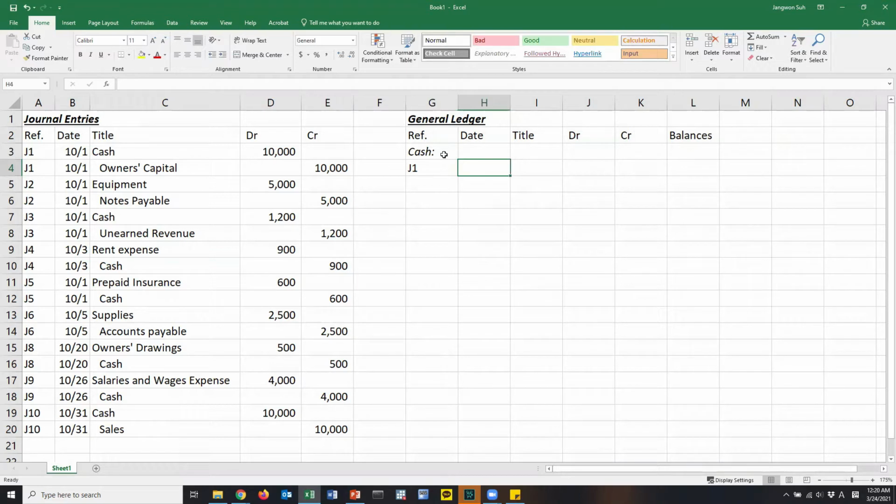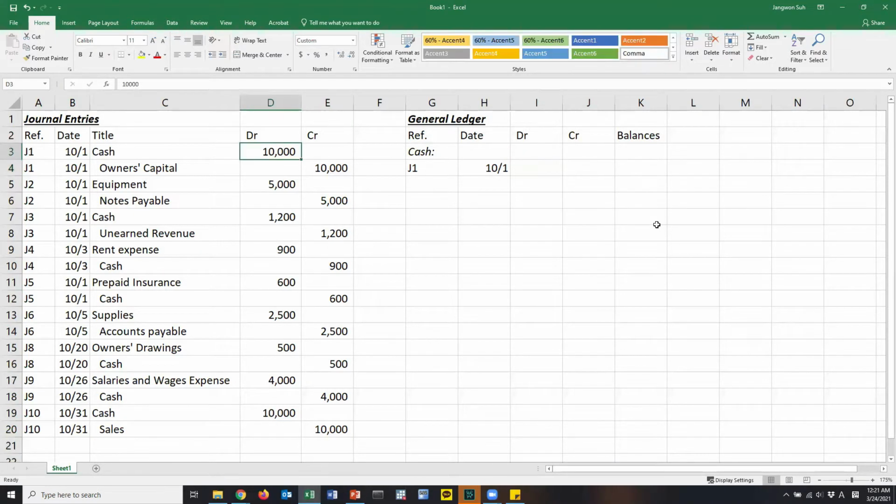We have cash, J1, date here, and then the title is cash. And then debit, how much? Debit 10,000.